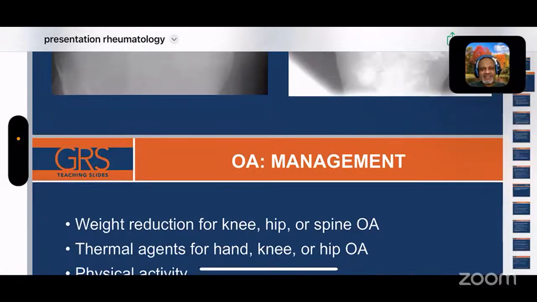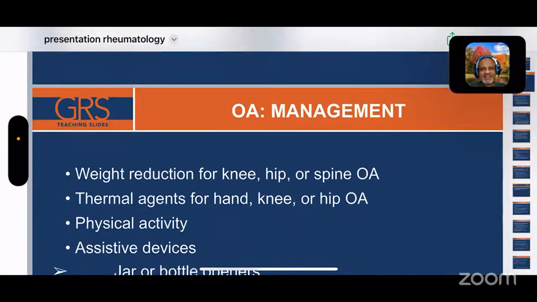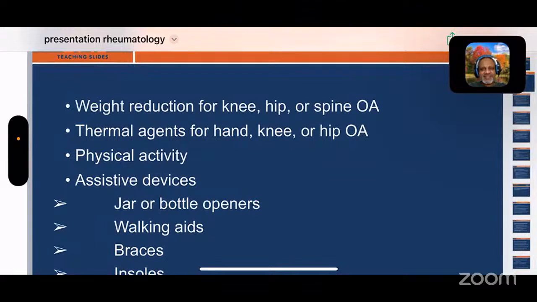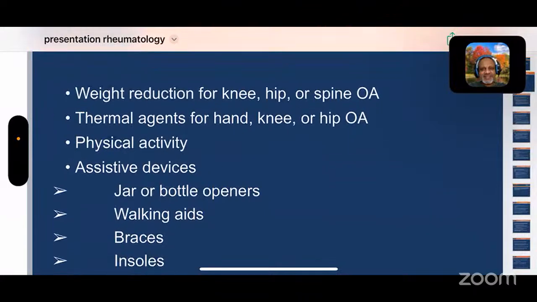After that, we will move to management. NICE updated its guideline on the management of osteoarthritis in 2022. First of all, lifestyle modification. All patients should be offered help with weight loss, and given advice about local muscle strengthening exercise and general aerobic fitness.